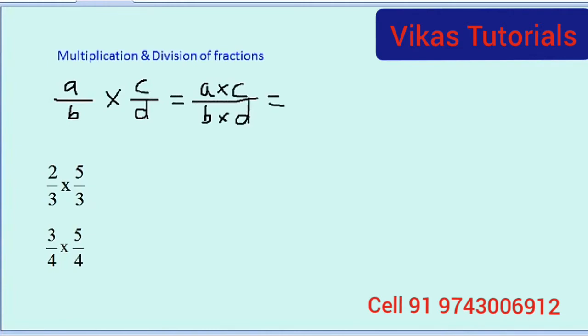Okay, that will be equal to ac upon bd. This is as simple as this. Just multiply the first numerator with the second numerator and then multiply the first denominator with the second denominator. Your multiplication will be done.